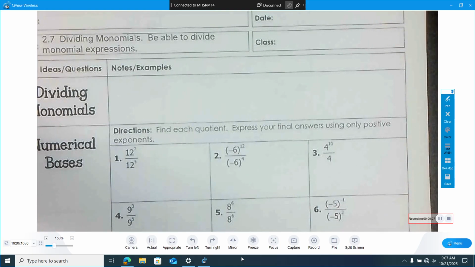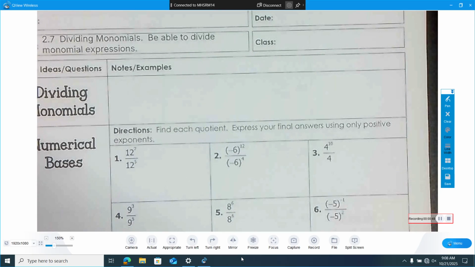All right, ladies and gentlemen, today we are dividing monomials. Now, just like yesterday, I really like to focus on the meaning of exponents, okay?